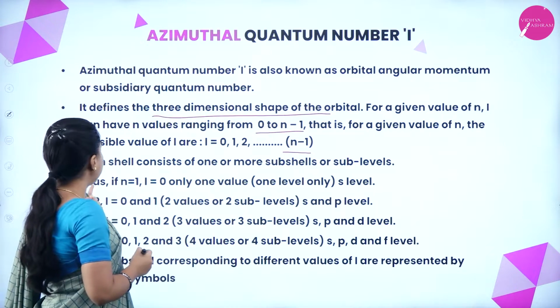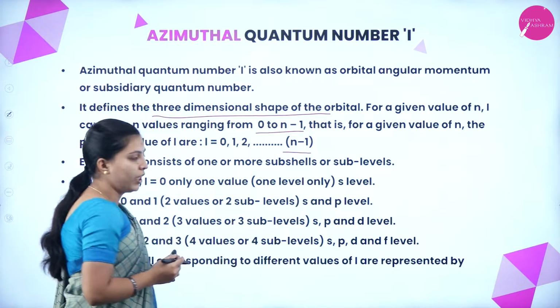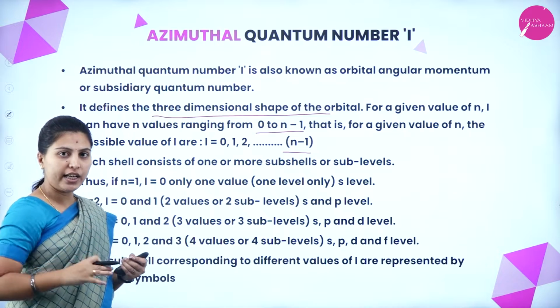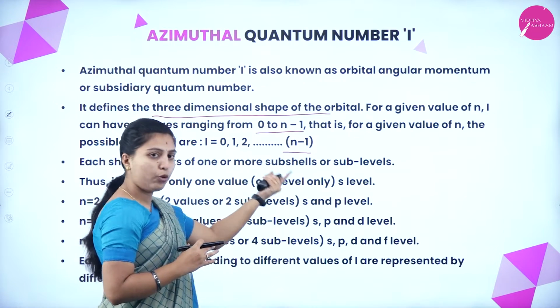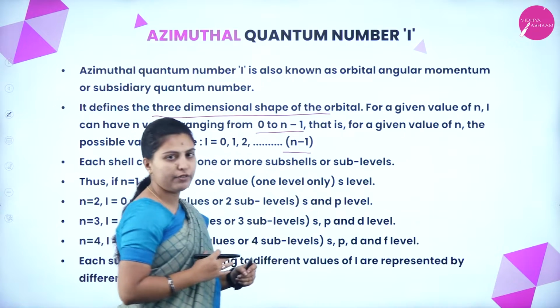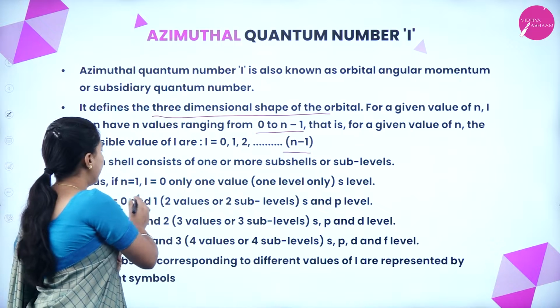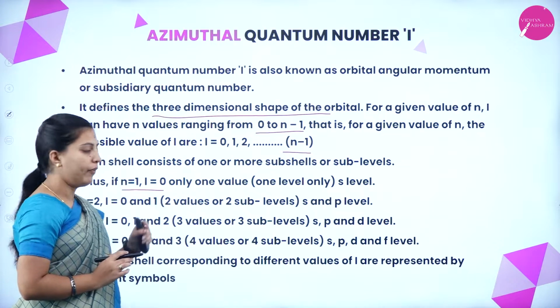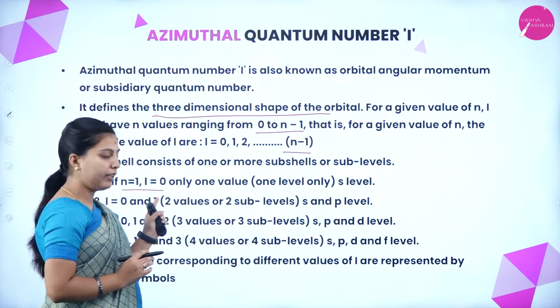Next, each shell consists of one or more subshells or sublevels. Each main shell energy level will contain one or more subshells or sublevels. Thus, when n equals 1, l will be 0.